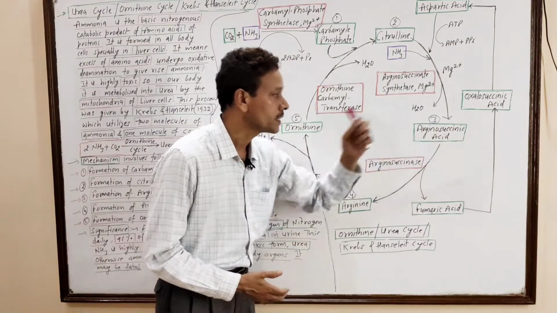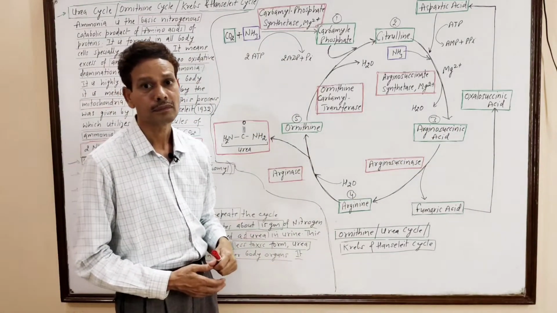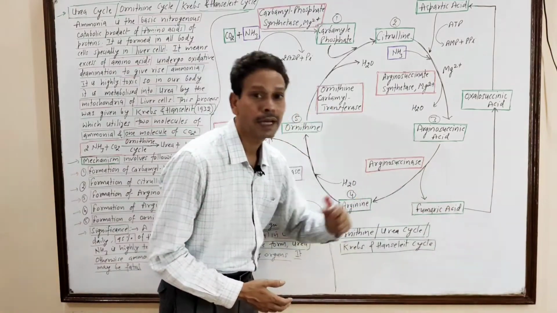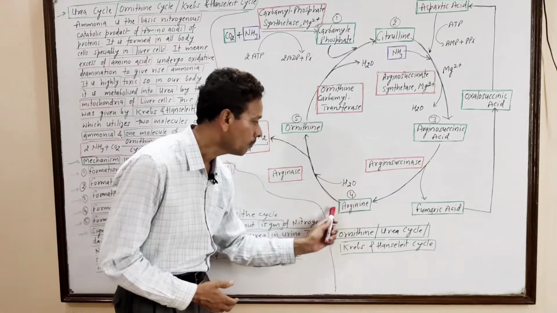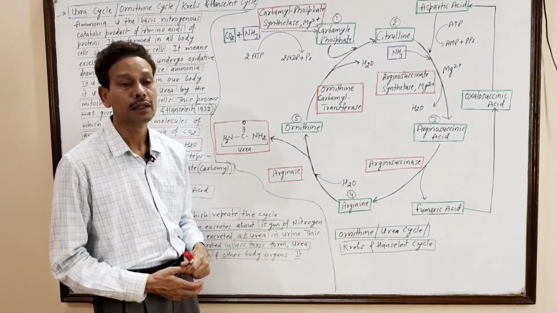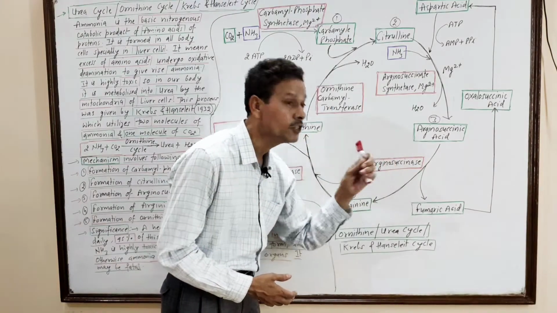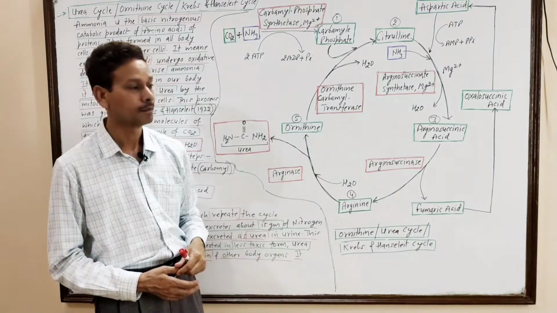Dear students, the fourth step is formation of arginine. This arginosuccinic acid is converted into one molecule of fumaric acid and one molecule of arginine, and this step is catalyzed by an enzyme that is arginosuccinase.